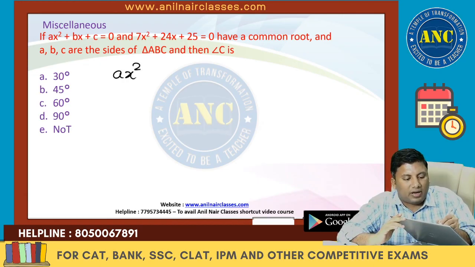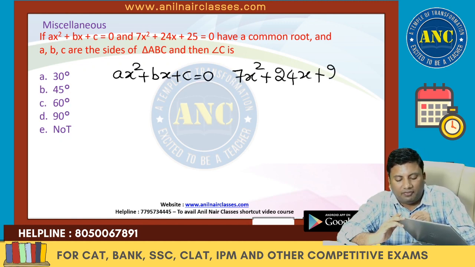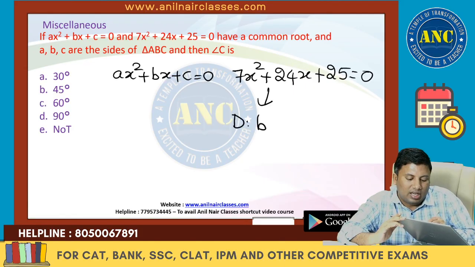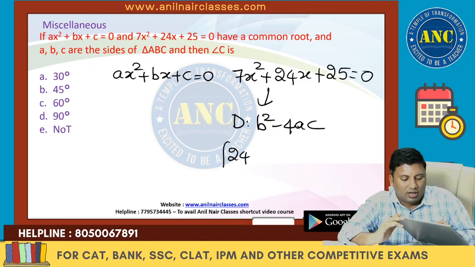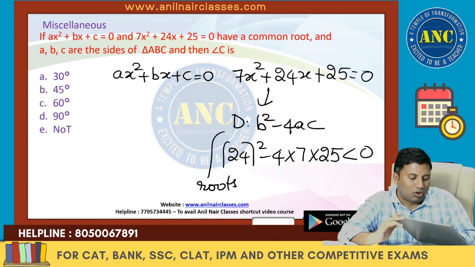ax square plus bx plus c equivalent to 0, 7x square plus 24x plus 25 equivalent to 0. Discriminant for this is b square minus 4ac, which is 24 square minus 4 into 7 into 25. D is less than 0. That means roots are imaginary.